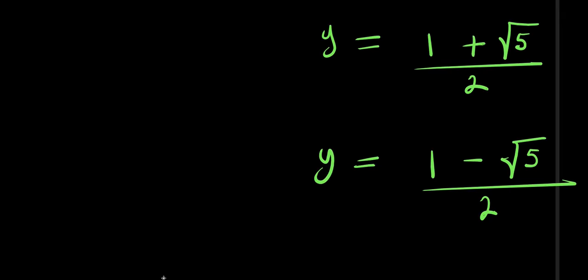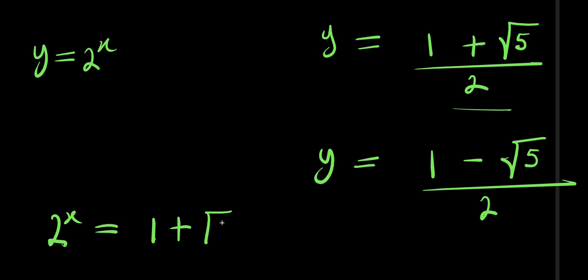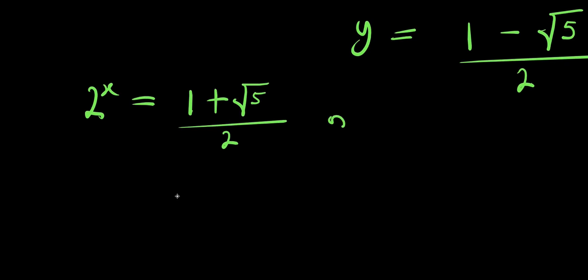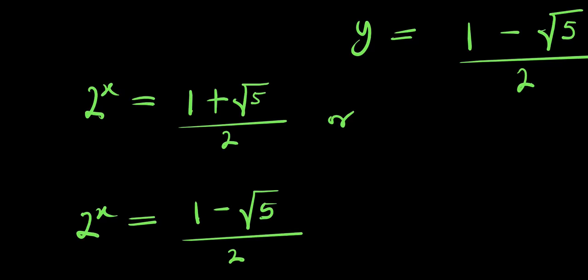So that means 2 power x equals the first solution, 1 plus root 5 divided by 2, and also 2 power x equals the second solution, which is 1 minus root 5 divided by 2.